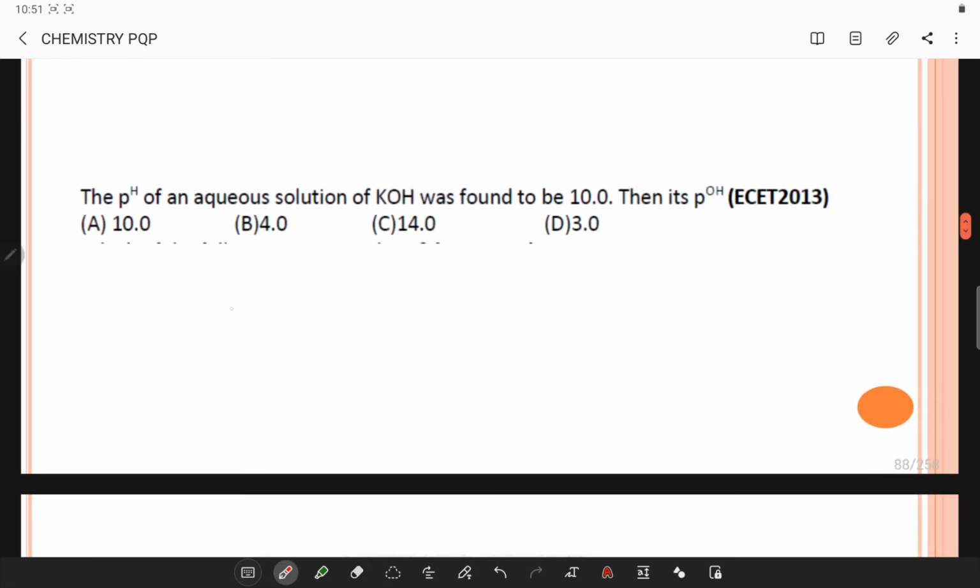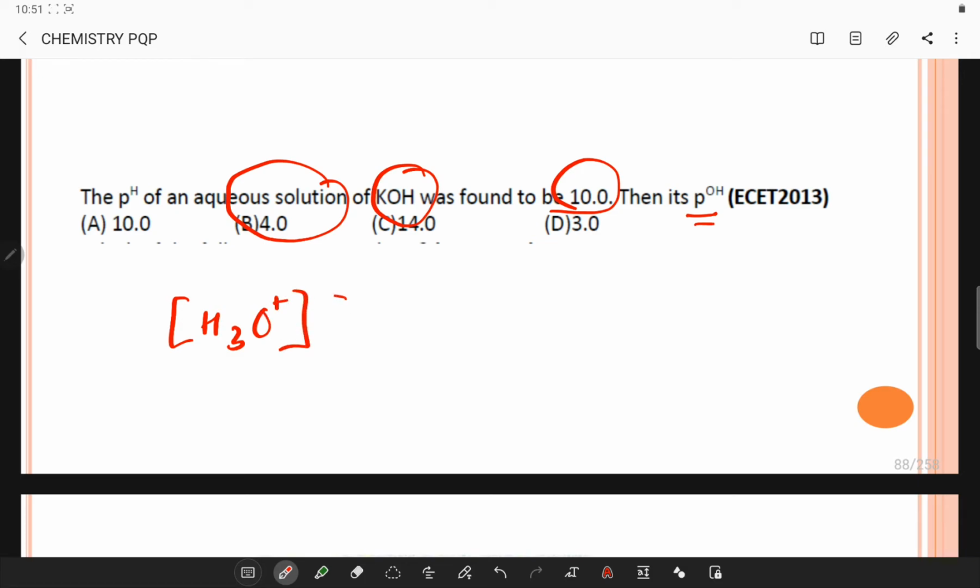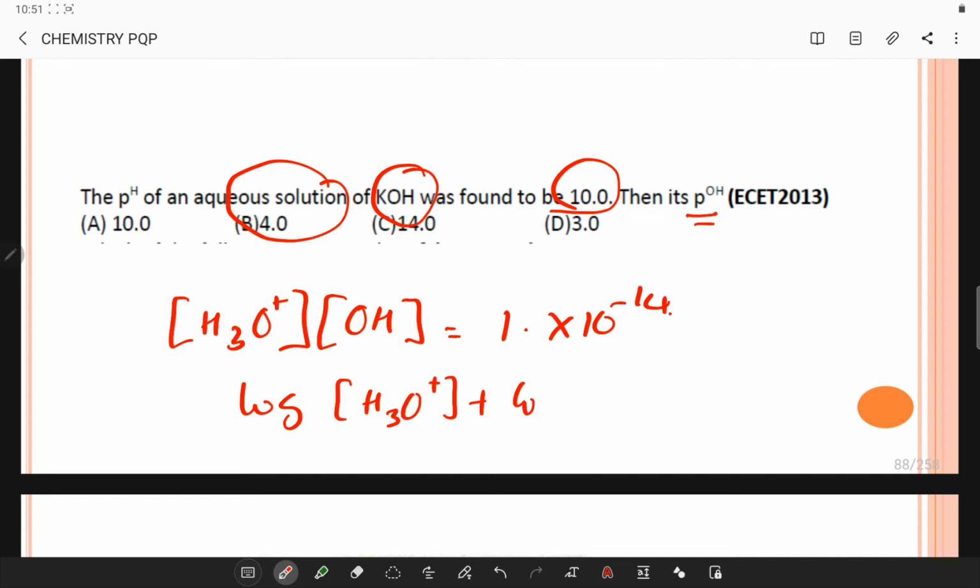The pH value of an aqueous solution of potassium hydroxide was found to be 10. Then what is the OH value? If you remember the formula, the concentration of H3O plus into OH minus is simply 1 into 10 power minus 14. If you apply logarithm on both sides, log concentration of H3O plus plus log OH minus will be minus 14.